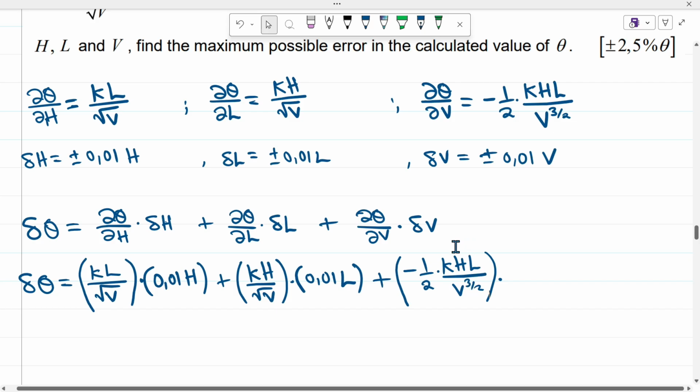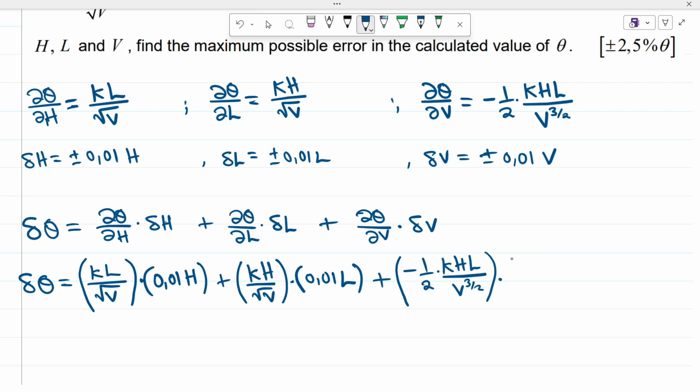Because this partial derivative is negative, we must make sure that when we take the change of v here, it is negative, so that when it multiplies with this negative, we get a positive. That's us maximizing the thing there. So that's going to be negative 0.01 v, just like that.